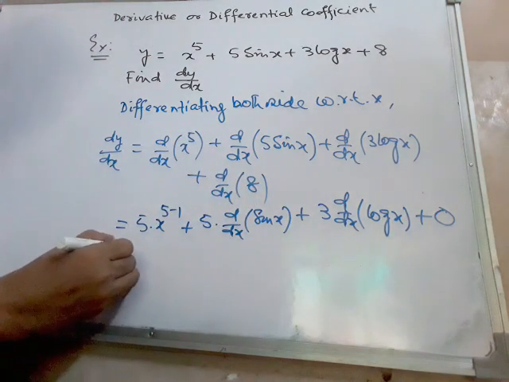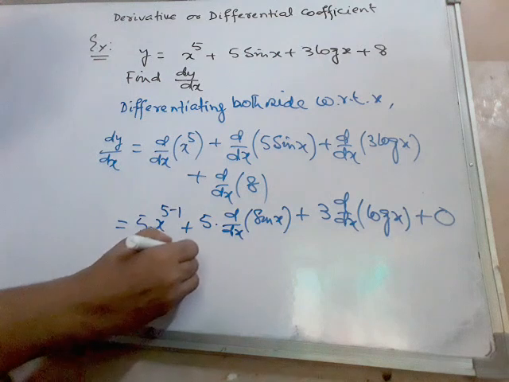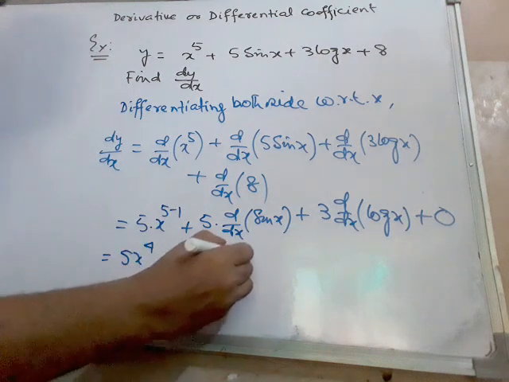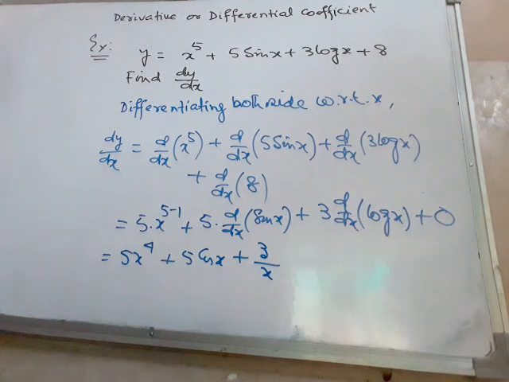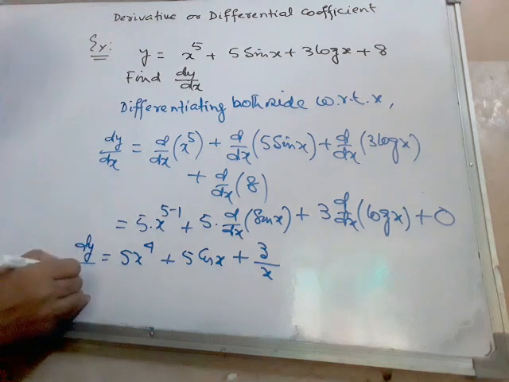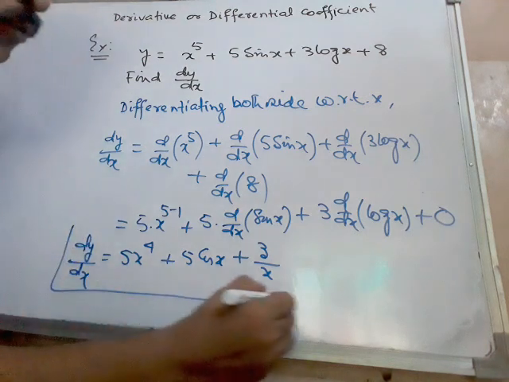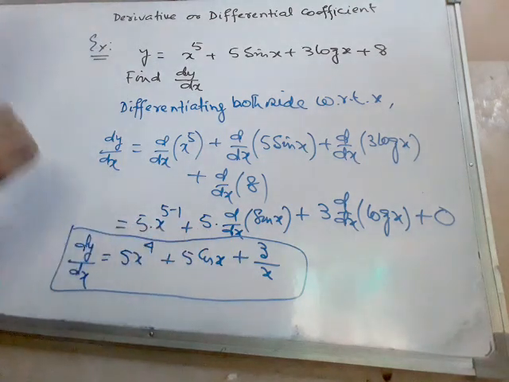So finally 5x^4 plus 5 cos x plus 3 by x, and the last 0 no need to write. So therefore the answer is dy/dx equal to this. This is example number 1.